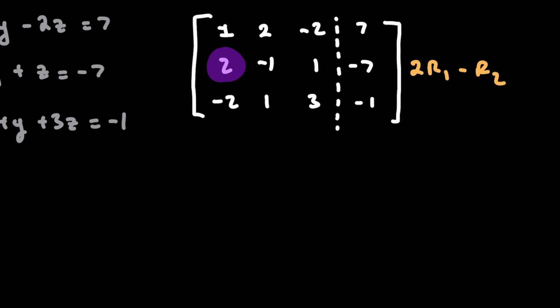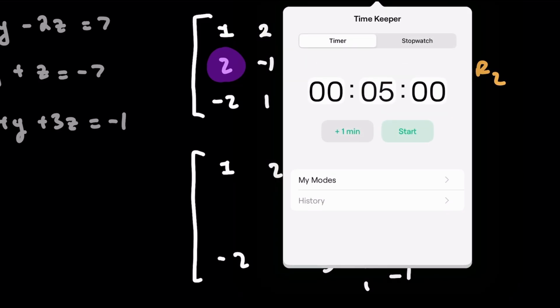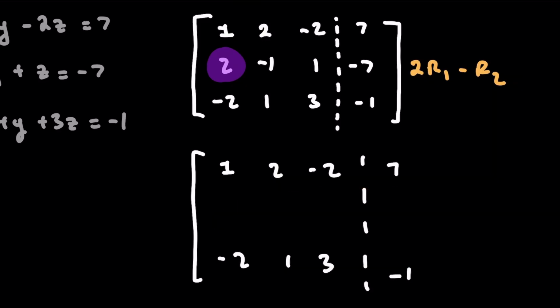If I were to write out a new matrix and copy down the first row and the last row, all I have to do now is work out the values in the second row. So if I were to do 2 row 1 minus row 2, that would give me the first value as 0. Now if I were to do 2 times 2 minus minus 1, so in other words 2 times 2 plus 1, that would give me 5.